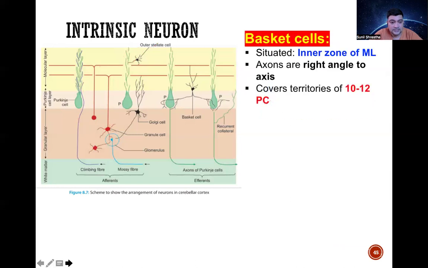Now the basket cell. Basket cells are generally present here in the inner zone of the molecular layer.